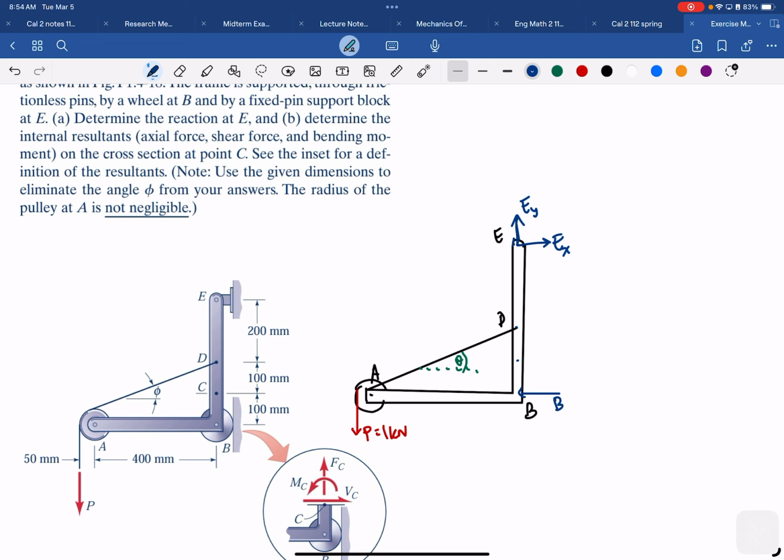Because we can assume that it can move vertically. So we can imagine that this is Bx. And then this is C, and we have the length here, 200 and 100 is 300 millimeter, and this will be 100.